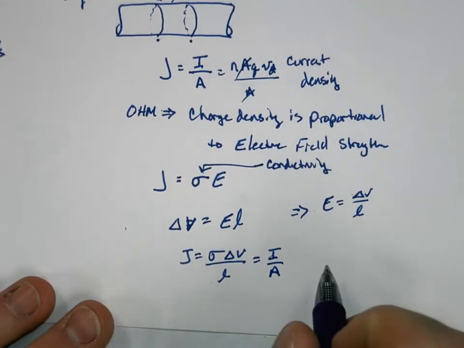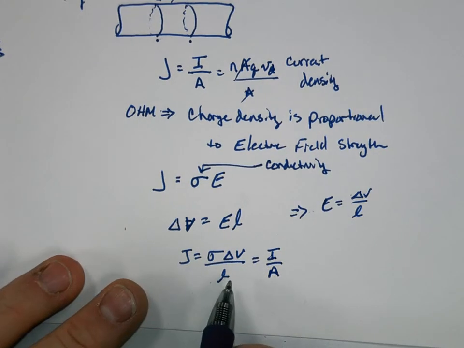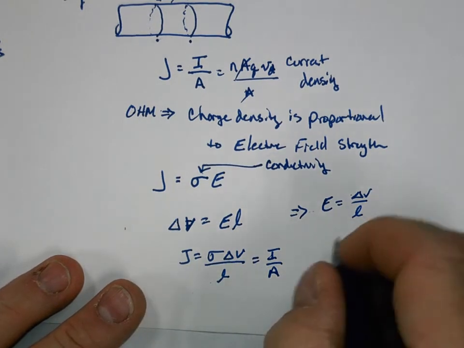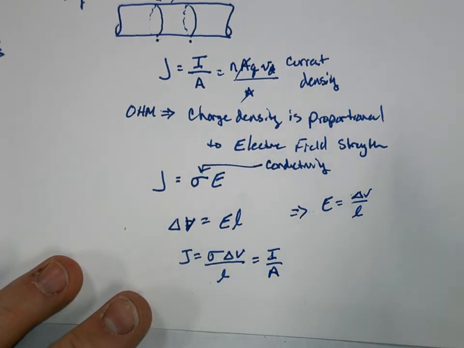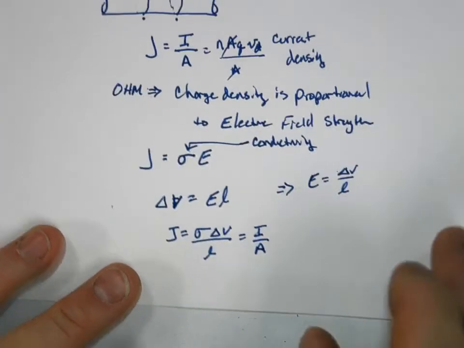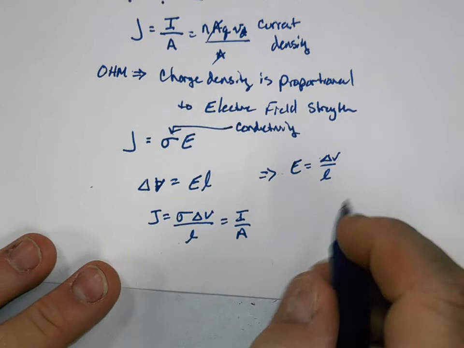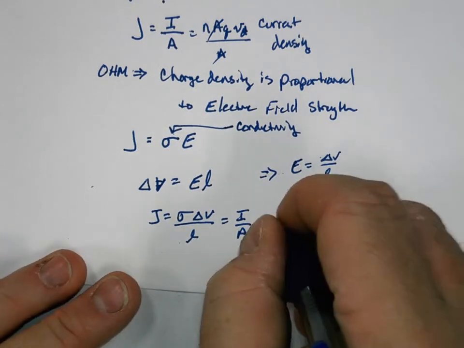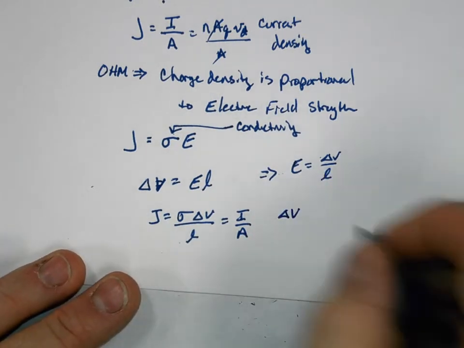If these two things are equal to each other, then we get, what's that? Okay, you guys need to go back and watch the film. Oh, delta V. Guys, tune in.